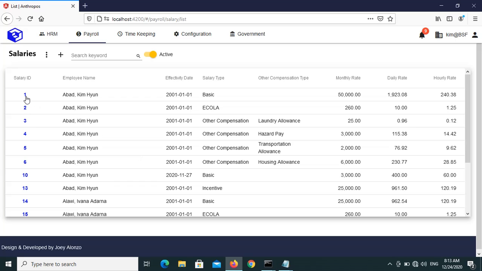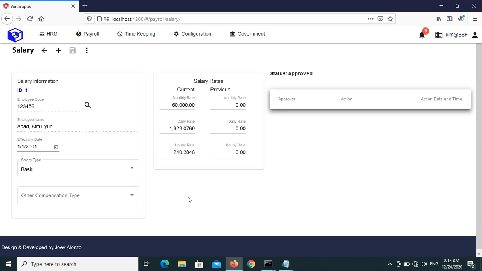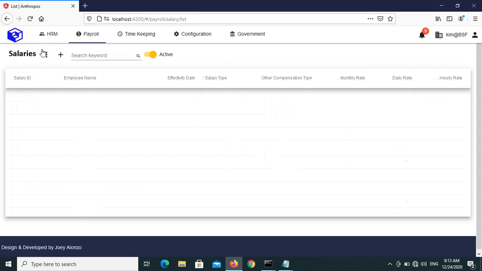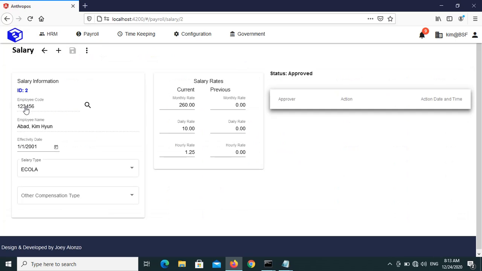So for Kim, the basic pay is, for monthly rate is 50,000, daily rate is 1923.0769, and hourly rate is 240.3846. For ECOLA, for Kim, so monthly rate is 260, daily rate is 10, and hourly rate is 1.25.